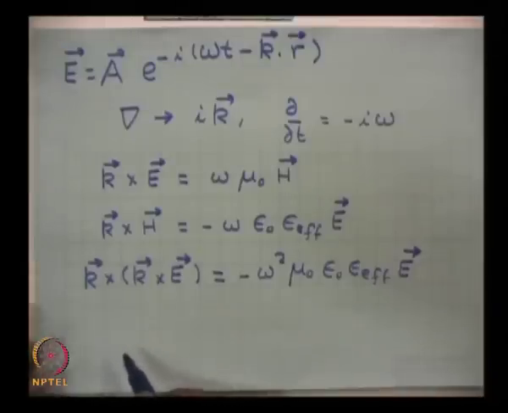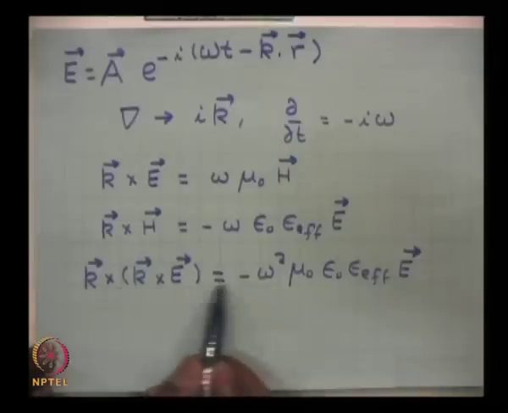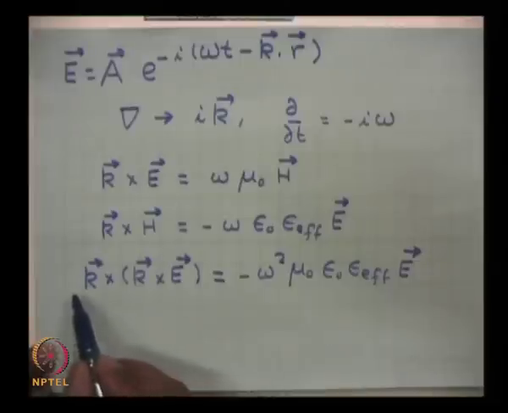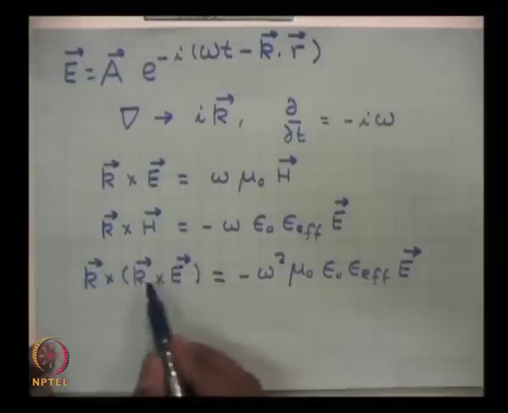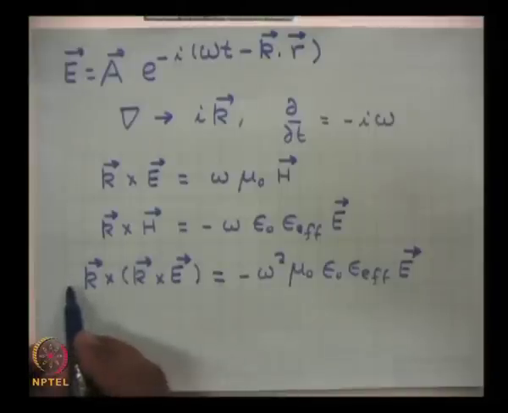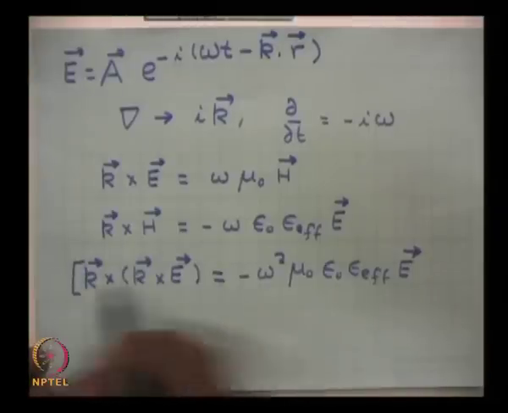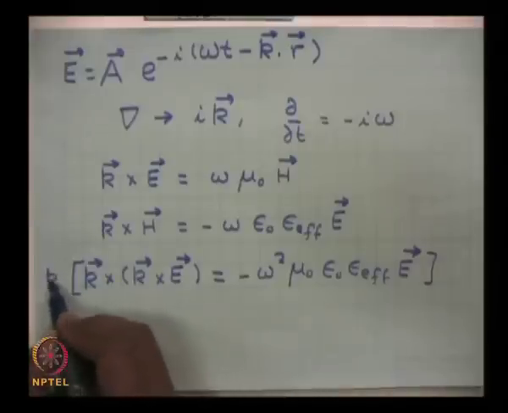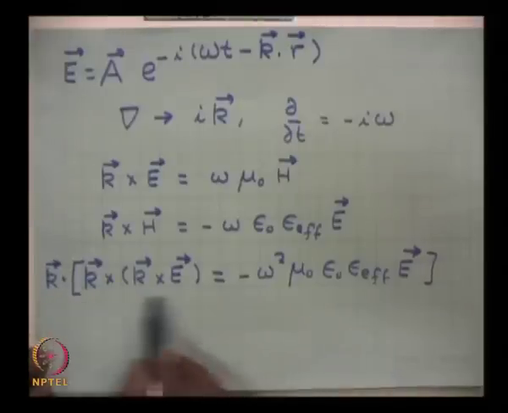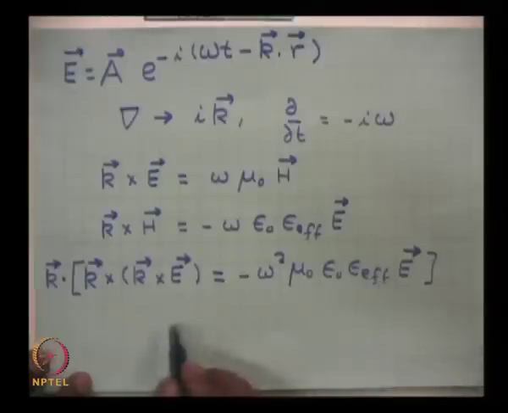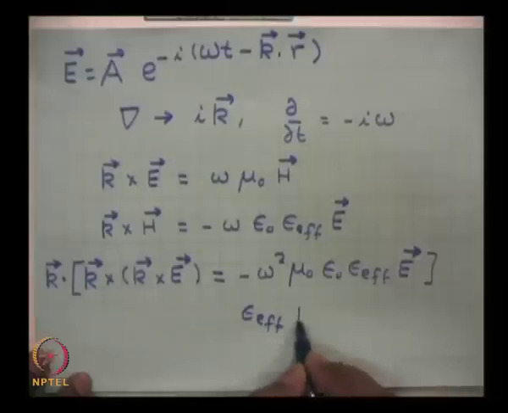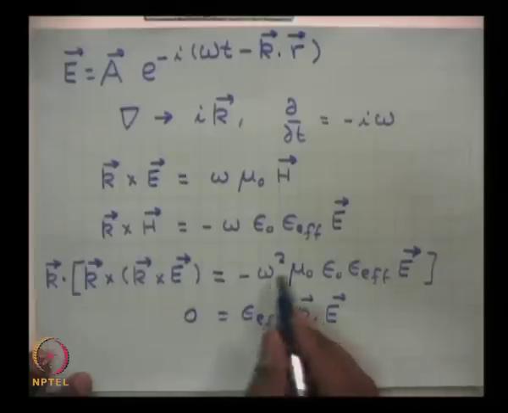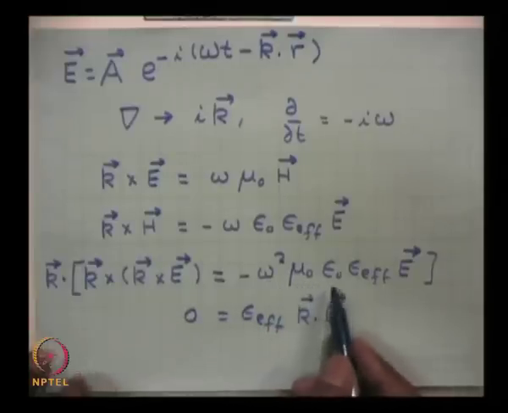First of all, if I take k dot of this equation, then the left hand side will be 0, because this is a vector perpendicular to k as well as k cross E. So, if I dot this equation with k, the left hand side is 0, so the right hand side should also be 0, means epsilon effective into k dot E should be 0, because omega is a constant, epsilon 0 mu 0 are constant, so they cannot be 0.